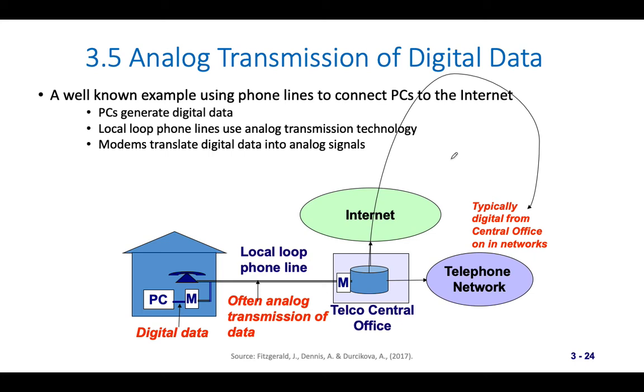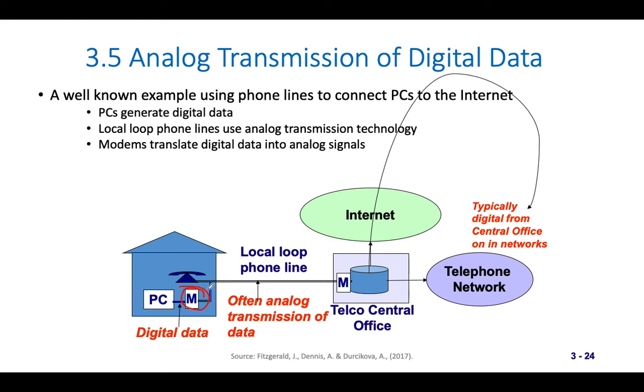Now, the analog transmission of digital data. This is the example which I explained to you. When you are at home and you want to send data through the phone line, you need a modem.